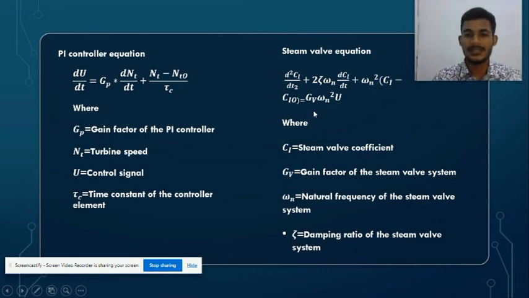The answer of this formula will equal GB, the natural frequency of the steam valve to the power 2, times U.